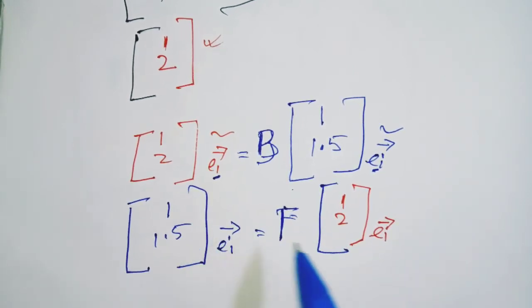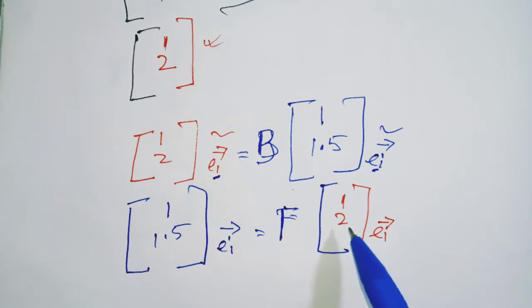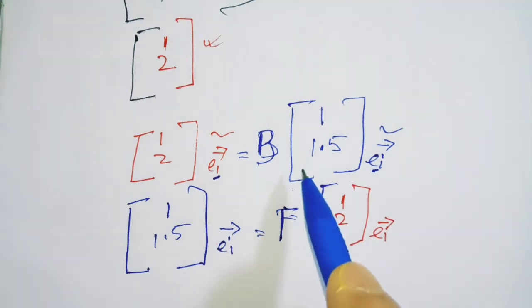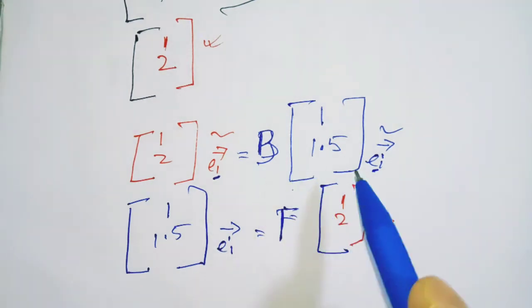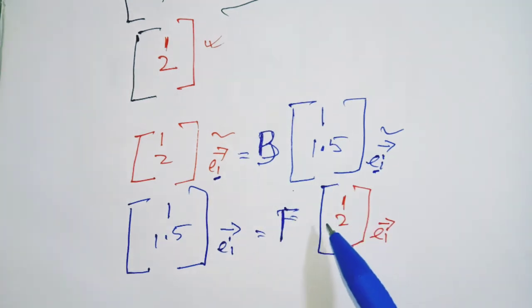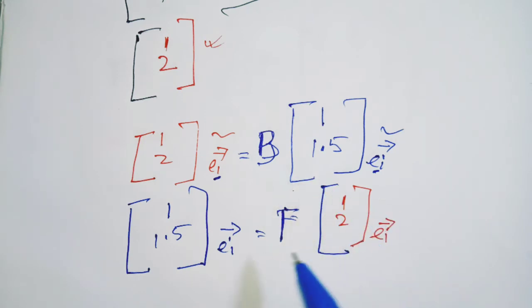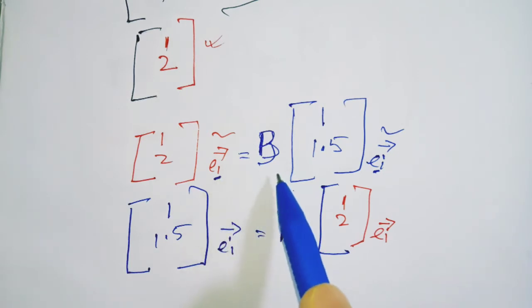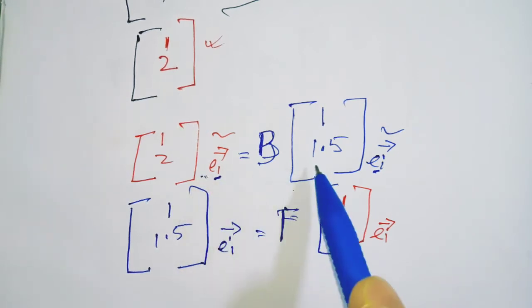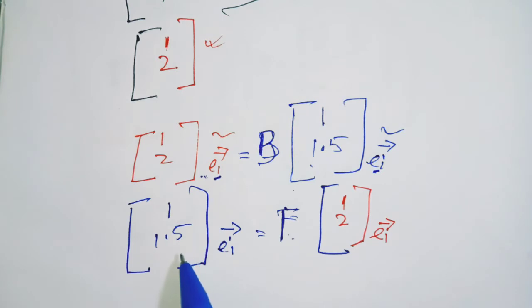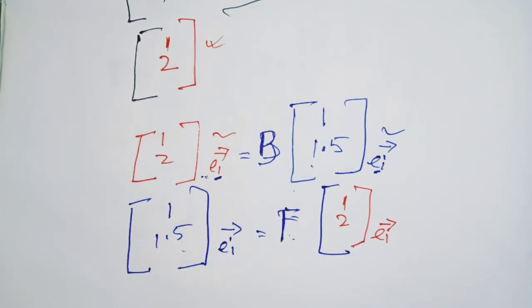It is from old that we are getting to new, right? But it is not true for basis vectors. Basis vectors go from old to new with forward transformation, and for backward transformation it goes from new to old. But for vector components, forward transformation is bringing from new to old, and backward transformation is giving us the new from the old, and forward is giving us the old from the new. So it is quite opposite.